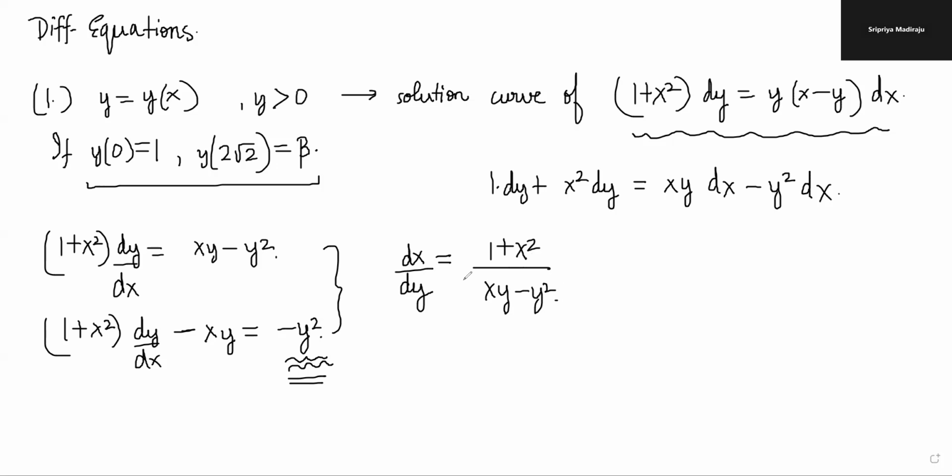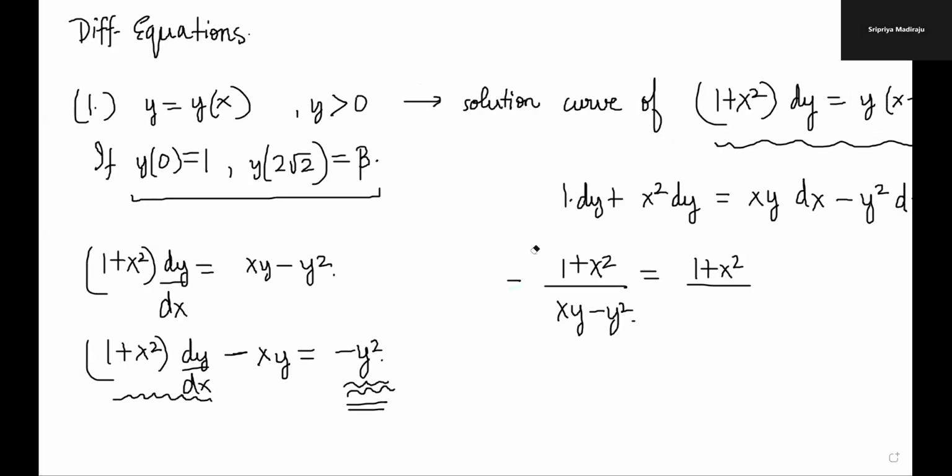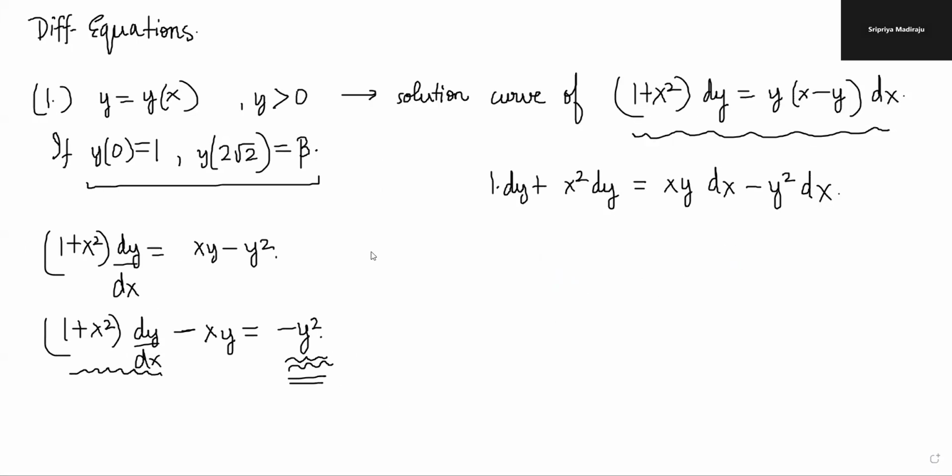So you are getting 1 plus x square and y into (x minus y). Actually, we don't have to do dx by dy. We can do it from here only. I was wondering what we have to divide it by, because we have to divide it by something.